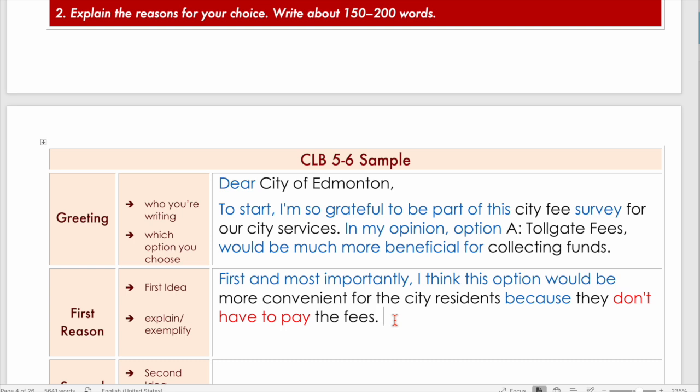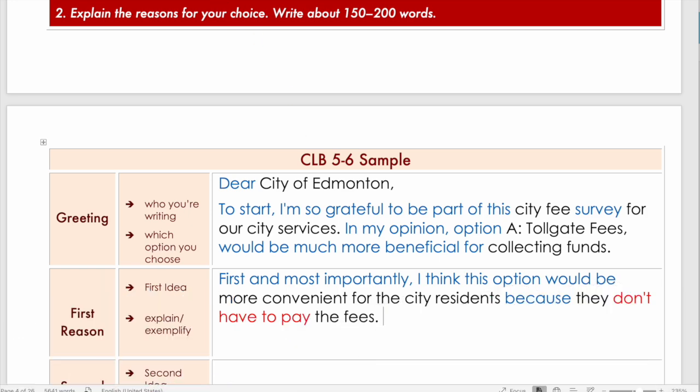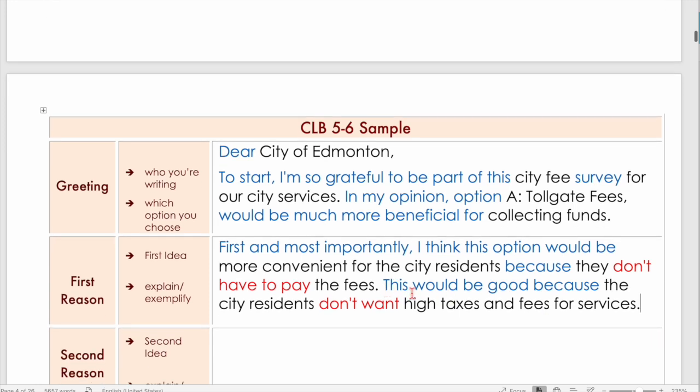Now, everyone, I gave the idea so I can give an example or I can explain. Let's see what I'm going to do. So I'm explaining. This would be good because the city residents don't want high taxes and fees for services. Very good. That's true. The city residents, we don't want high taxes and fees.